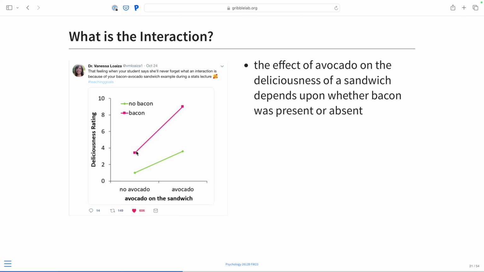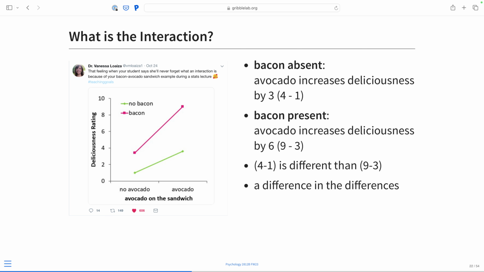But the effect of avocado on the deliciousness depends on whether bacon is present or absent. So this difference between avocado and no avocado in green, that vertical difference, is smaller than this vertical difference in pink between avocado and no avocado. I'm just eyeballing the numbers here.